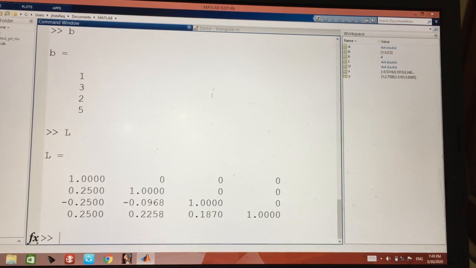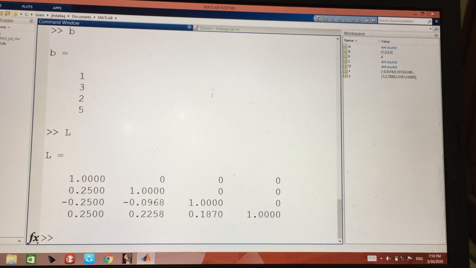I want you to go through the program, understand it step by step, okay, and calculate these things. Understand how the program calculates these elements. Then here is 0, and here is 1. Diagonal always 1.